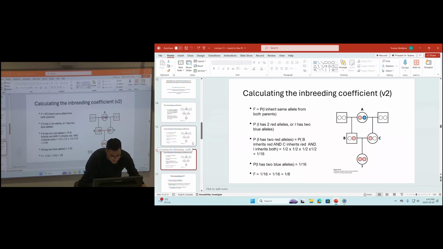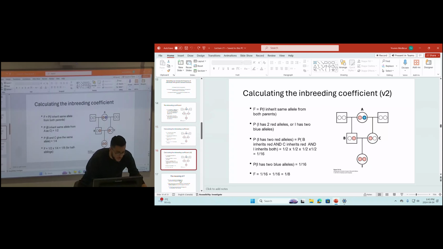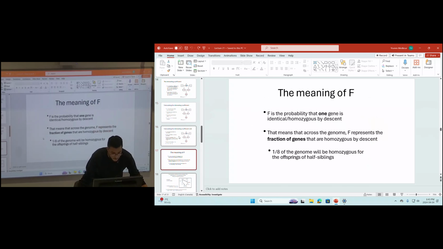But B inherits the same allele as C. Okay, let me clarify this in my free time, and then I'll get back to you, okay?